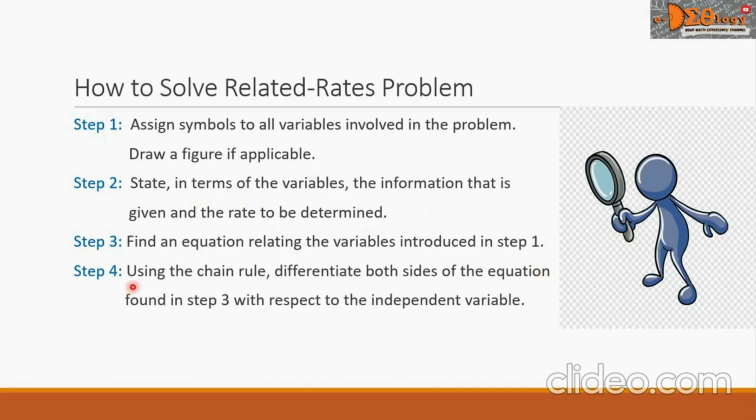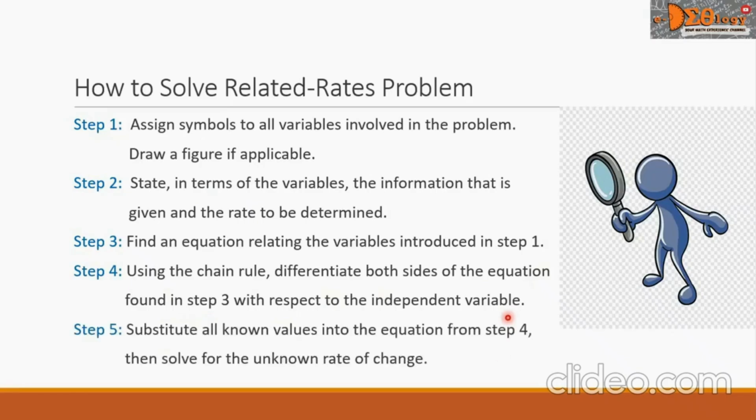Step 4. Using the chain rule, differentiate both sides of the equation found in step 3 with respect to the independent variable. In here, the independent variable is the time. Step 5. Substitute all known values into the equation from step 4. Then solve for the unknown rate of change.